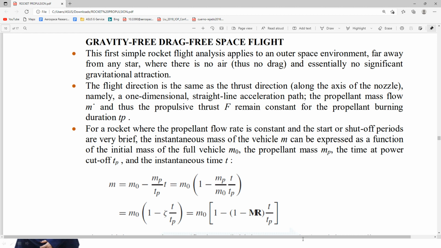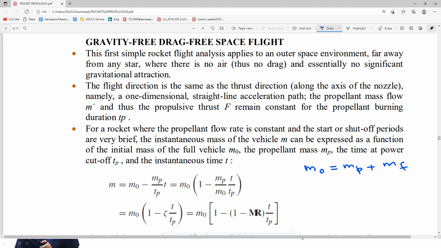Basically in the last class we have done the applications of this formula, that is mass ratio. We have gone through some nomenclature such as m naught, which is denoted as the initial mass, which equals the propellant mass plus the final mass. Final mass means when the entire propellant is over and only the structural weight is left, that is mf.